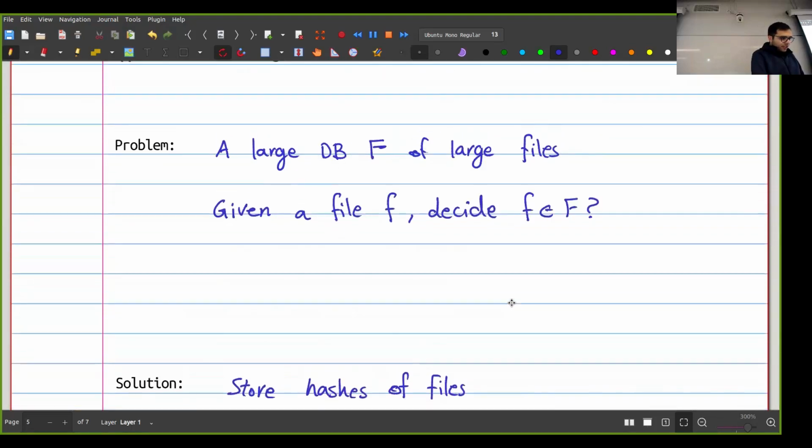So here, when I was searching for files using their hashes, the idea was that I want to use the hash as some sort of a digest, as a summary of the whole file. And this is the kind of summary that changes if the file changes. Okay, so this is like using hash as a digest.